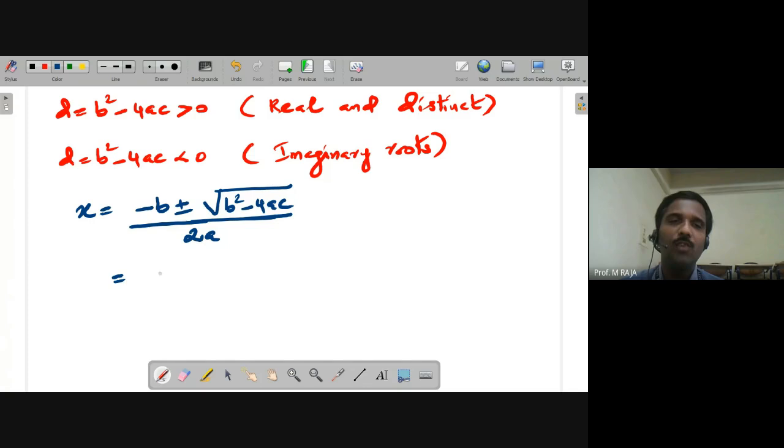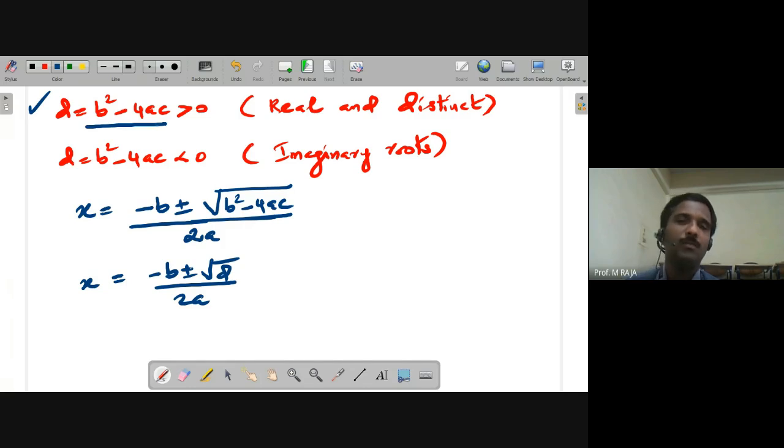So this is further equal to minus b plus or minus square root of d by 2a, where d is equal to b square minus 4ac.